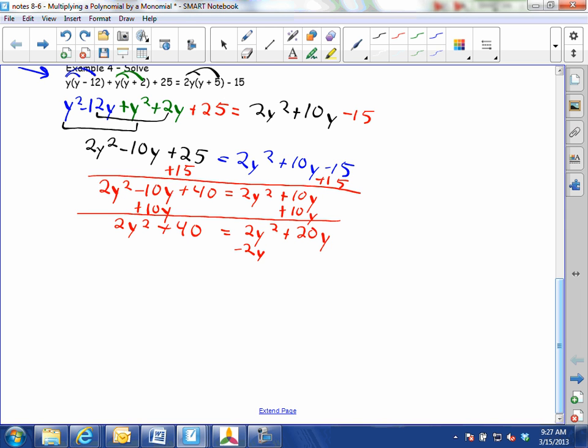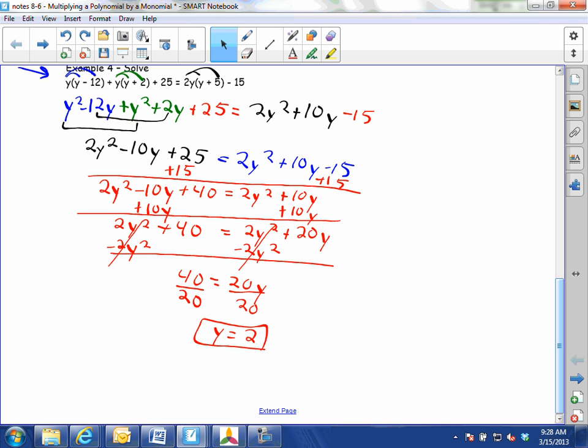If we subtract this one, what happens to this guy? It will cancel. That's nice, we don't have to worry about the square. We can just go all the way.